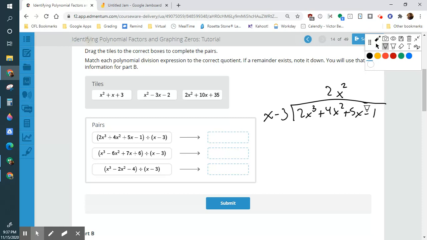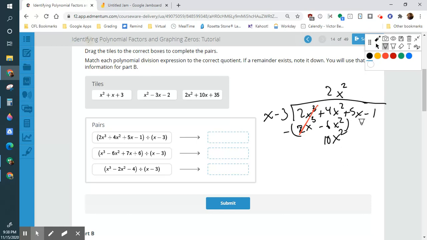You don't need to keep going. So if I do this, I get 2x cubed, and I get minus 6x squared. Subtract this out. That turns this into positive, so this is 10x squared. And then this negative 2x cubed cancels out. That's the whole reason why we did this, is to cancel out the leading terms.